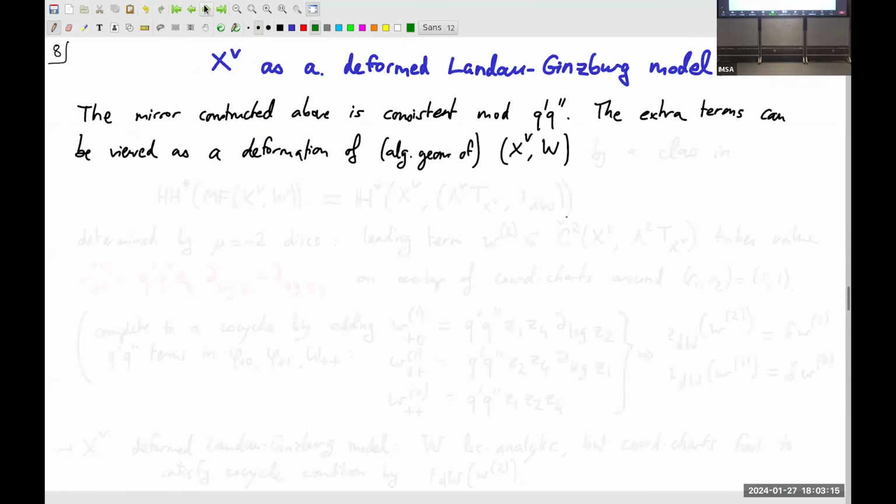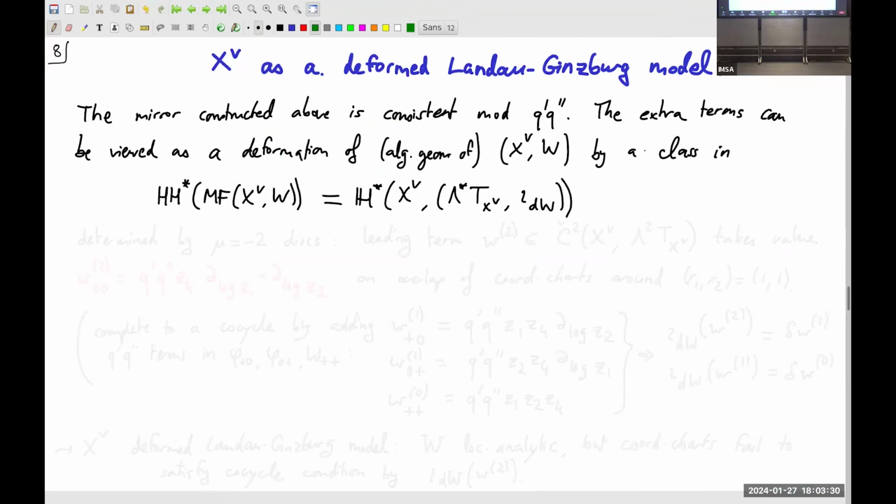And so mod Q prime, Q double prime, this mirror is consistent. And then you can think of the extra terms as a deformation of the mirror with those terms discarded, which was completely consistent. So what is this deformation? Where does it live?